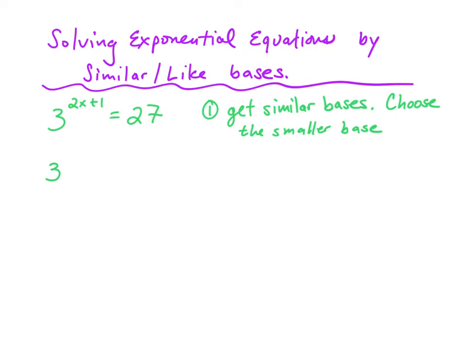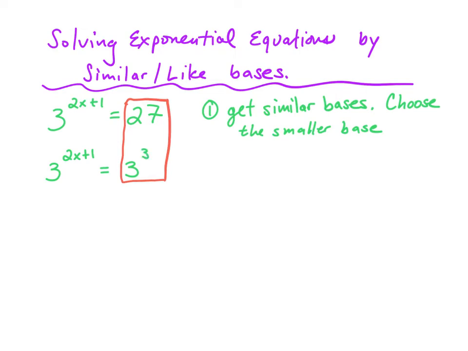So what happens is we will have 3 to the 2x plus 1 power equals 3 to, well, what power of 3 do we need? You can see why we were playing the name that exponent game. Right here, I'm trying to figure out what power of 3 gives me a 27. In fact, we need a power of 3.